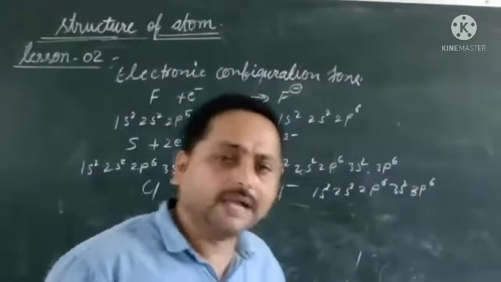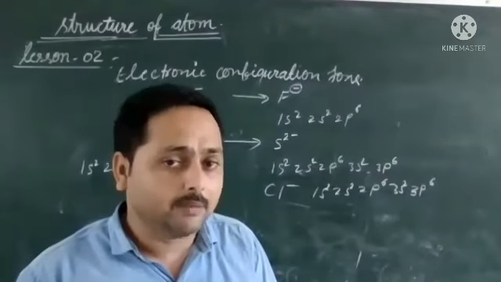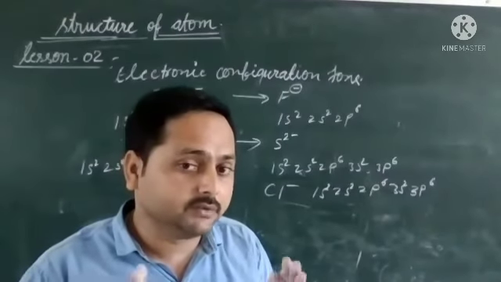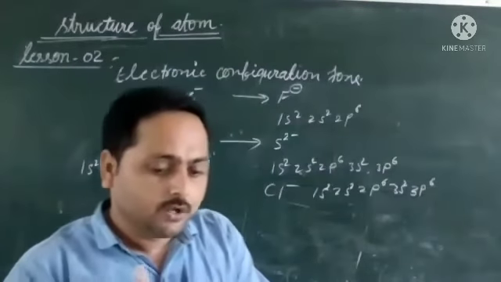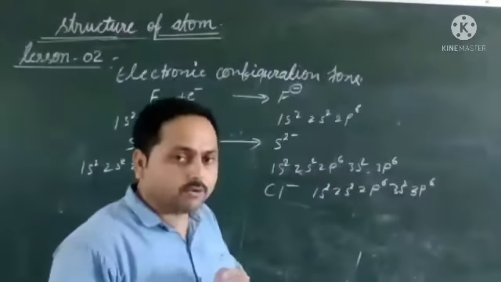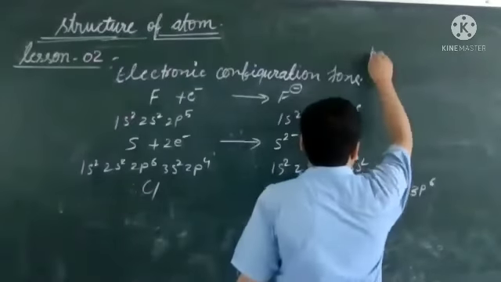Okay, so like this we can write the electronic configuration of different elements in their atomic form as well as in ionic forms. So I am going to give you some questions related to this and you have to write them. Just note it.